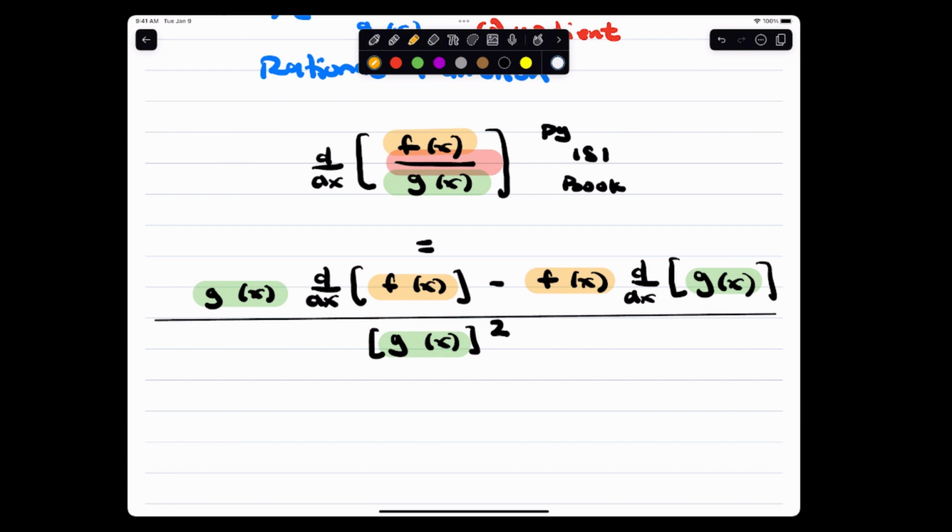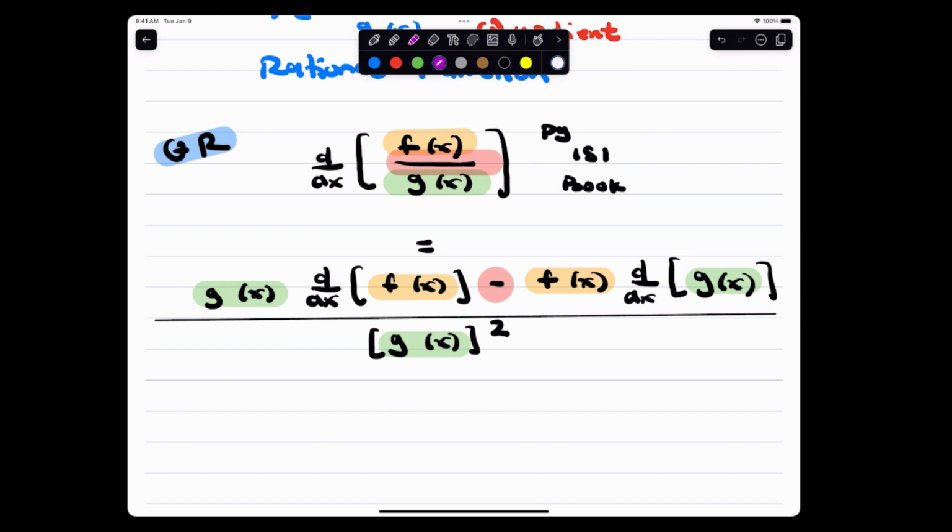What you're seeing is something known as the quotient rule. And make sure, ladies and gentlemen, this is going to be subtraction. Okay, this is the quotient rule.